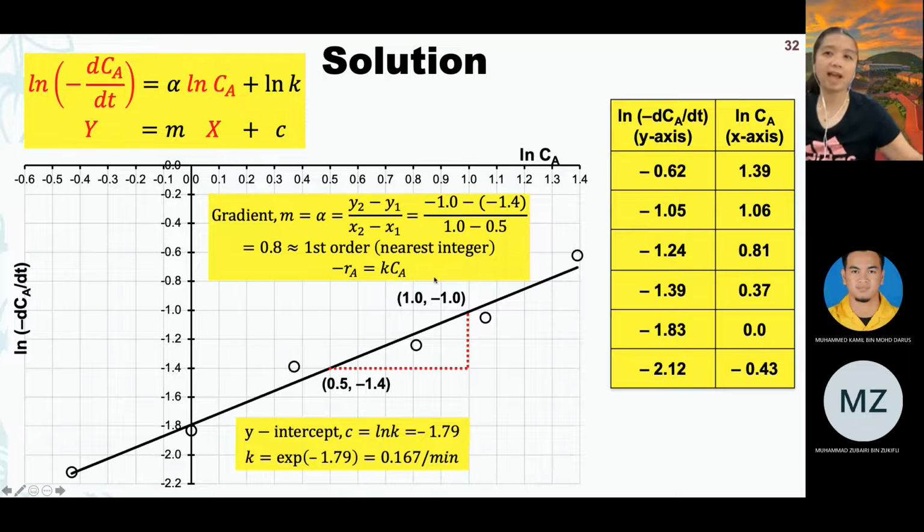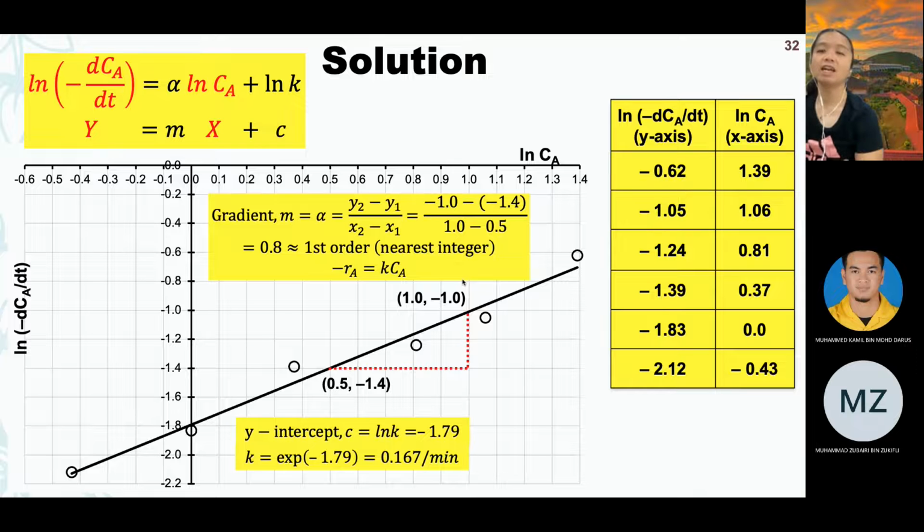So then you gather back, make sure you have both data. Kamu tahu kalau kita nak plot Excel, you need y-axis data, x-axis data. Okay, so when you have this data, then you plot the graph. This is example of the graph that I plot using Excel. Dia definitely mesti akan dapat straight line sebab again kita guna linear formula. So dapat linear formula, you can draw a straight line across the points.